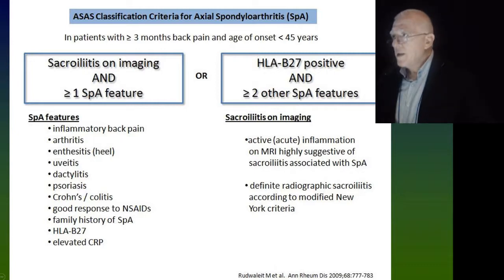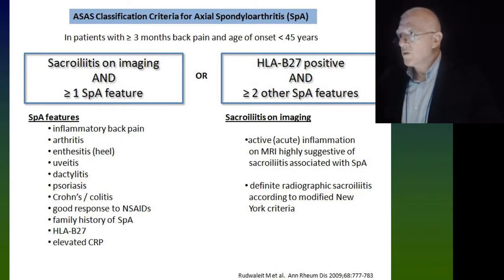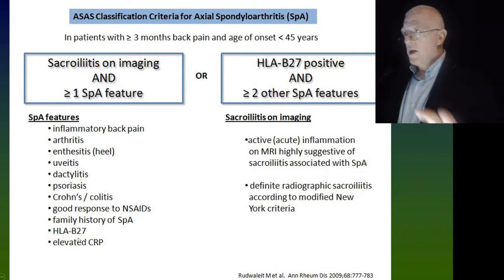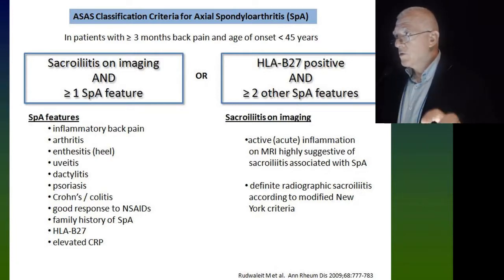So we need, in order to make a diagnosis of axial spondyloarthropathy, to have sacroiliitis on imaging and at least one feature of all these, for instance, Crohn's or ulcerative colitis or elevated CRP or positive HLA-B27. This is the one diagnostic group of criteria.